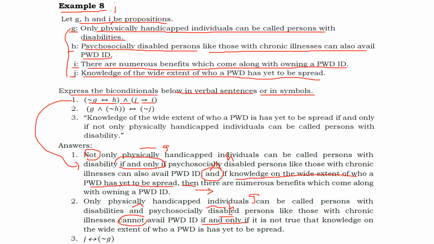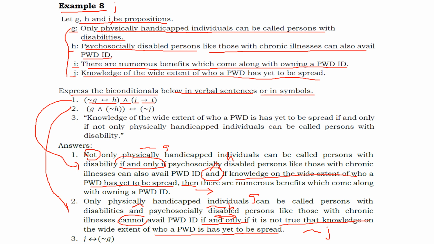It is not true that the knowledge of the wide extent of who a PWD is has yet to be spread. So meaning to say that will be your negation J there. This is how we express these symbols in words.